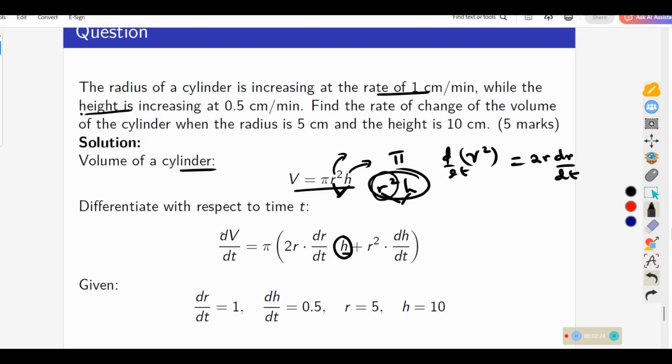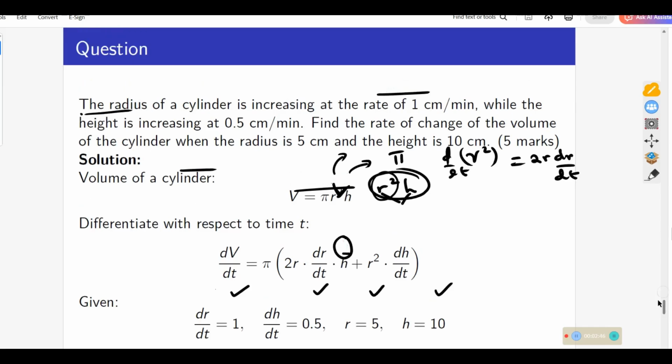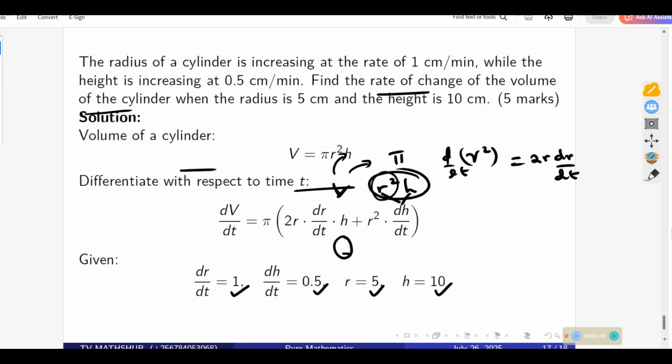So that is what we get as dV/dt, which will be pi into 2r dr/dt times h plus r squared dh/dt. We are already given that dr/dt is 1, dh/dt is 0.5, r is 5, and h is 10. Next, we shall simply substitute these given values.